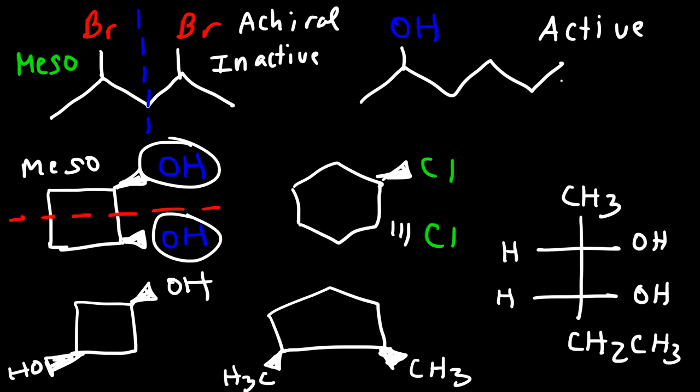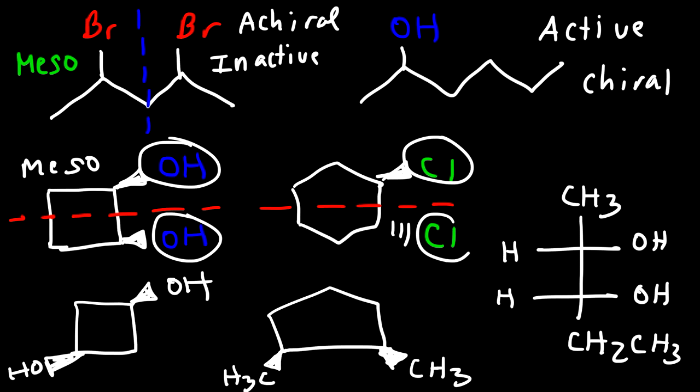Whereas if you have an optically active molecule, it's a chiral molecule. Now what about this example? Notice that we do not have an internal plane of symmetry, because here the chlorine's in the front, and here it's in the back, going into the page. So therefore, this is not meso, which means it's optically active.